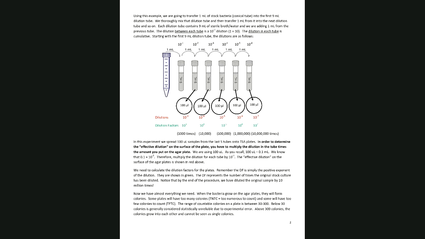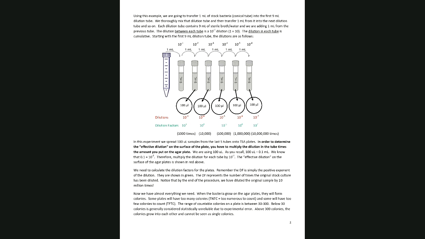So in the experiment that we're doing, each group gets a sample of E. coli. And so the E. coli broth is very cloudy. It's very turbid. So you got millions upon millions of cells in there per milliliter. If you were to take a small drop of that and spread it on the surface of an agar plate, you get solid growth.